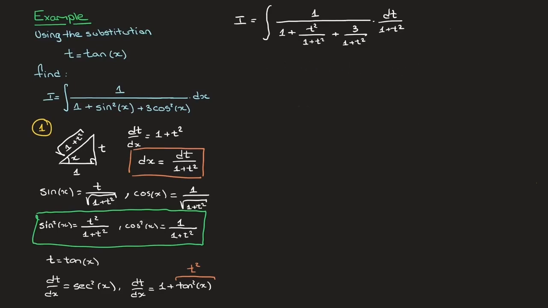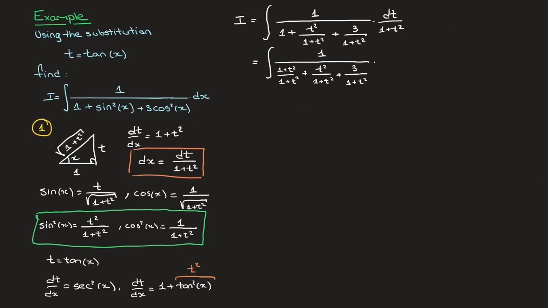But for the sake of doing things properly, let's write all of this in its simplest form. And for that, the first thing I'll do is take care of this denominator here and write everything over 1 plus t squared. So that would be equal to the integral of 1 over 1 plus t squared over 1 plus t squared. All I've done here is write 1 over 1 plus t squared, plus t squared over 1 plus t squared, plus 3 over 1 plus t squared.